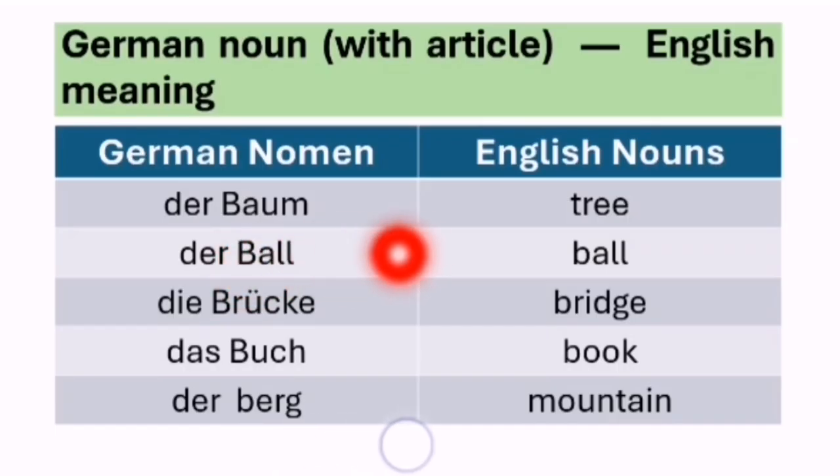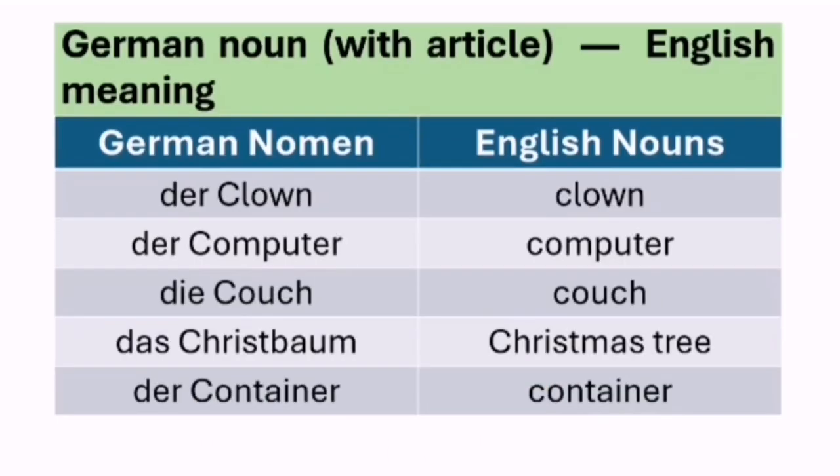Der Baum, tree. Der Ball, ball. Die Brücke, bridge. Das Buch, book. Der Berg, mountain. Der Clown, clown. Der Computer, computer. Die Couch, couch.